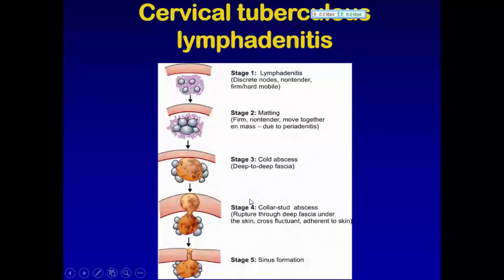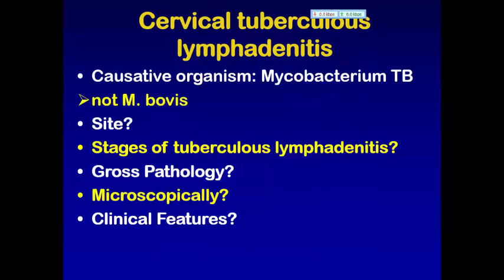Stage 5 is the stage of formation of sinus. The abscess perforates through the skin and then creates a sinus with discharge of yellowish caseating material. Often fibrosis and calcification can occur with or without treatment. In the gross pathology, there will be firm matted lymph nodes, and cut sections show yellowish caseating material.